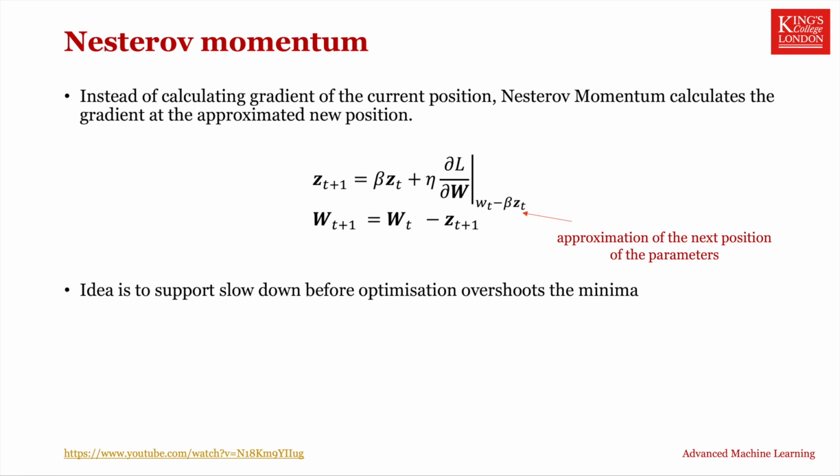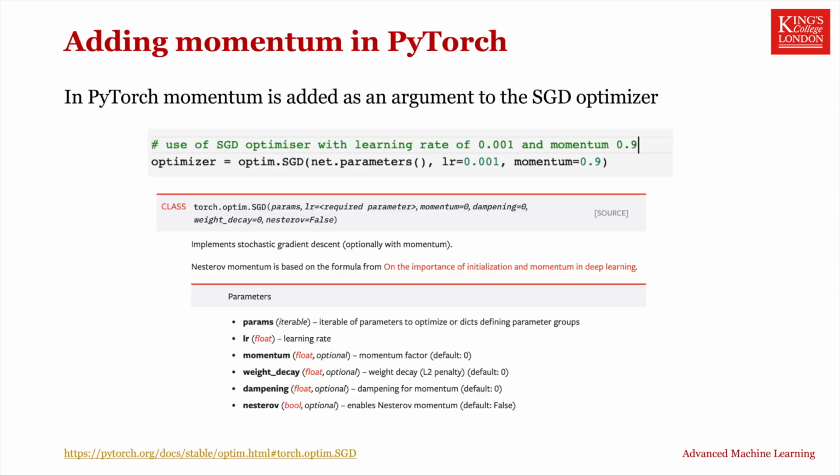Specifically, stepping forward before estimating the gradient at the new location, as indicated by the vector diagram on the previous slide. Then, the weights for the next step get updated with this combined update step, zt plus 1. It's a bit like allowing the algorithm to anticipate future gradients and thus allowing it to start to slow down before it overshoots. So how do we implement this in PyTorch?